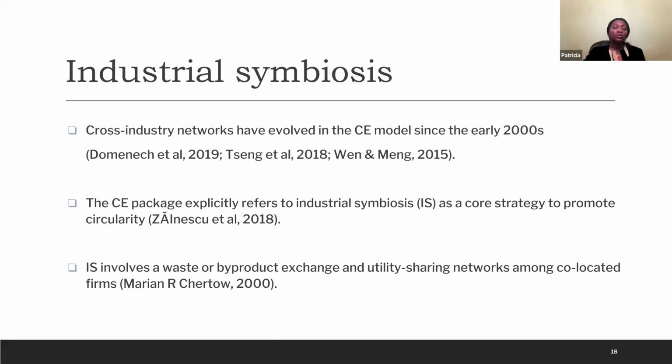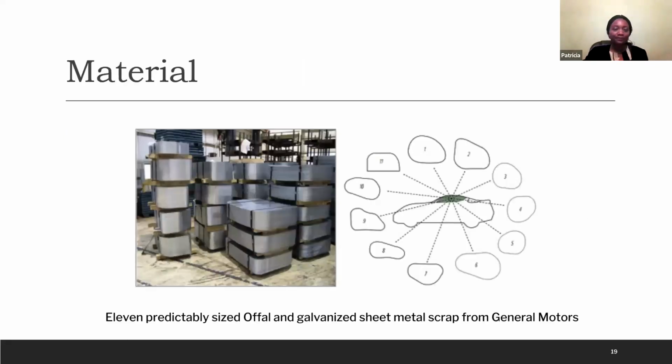Also, industrial symbiosis involves waste or byproduct exchange and utility sharing networks among co-located firms. So you find firms that are in the same location, and somebody can exchange their waste products. Let's say some people had steam and other people needed it, so they piped it to save the energy that they were using to produce theirs.